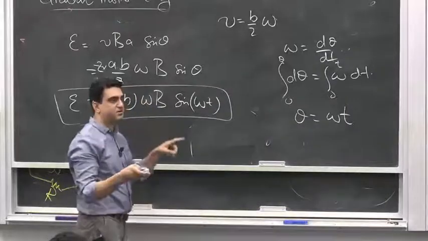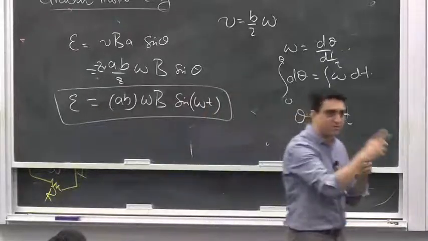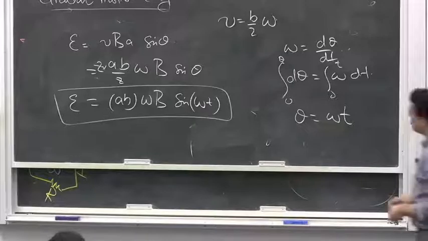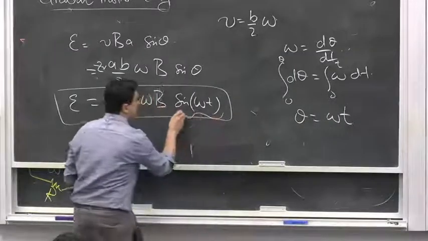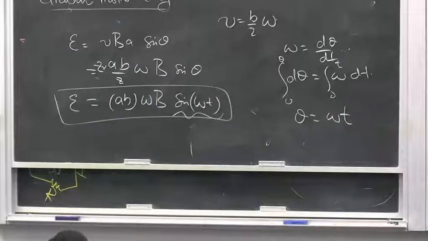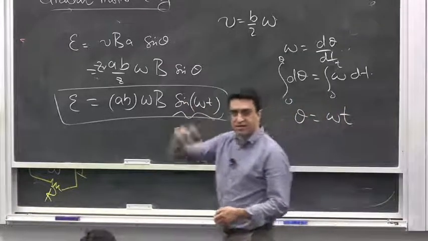Omega is something which determines how fast you move it around. The faster you move it, the higher will be the EMF you are producing inside that wire. Another important thing is that the EMF you create is not constant in time, it is a sinusoidal EMF. So the direction of the current, because of that EMF, would oscillate back and forth.